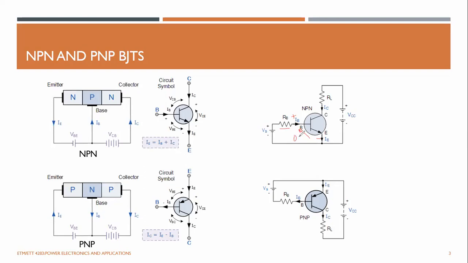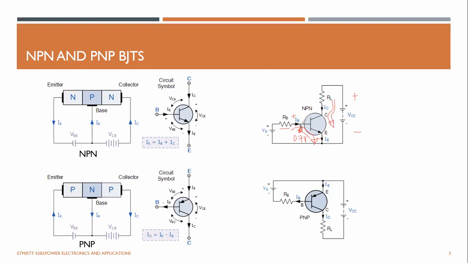That is the typical supply voltage of the base emitter. Once this is forward biased, you can have another supply, that is your load side. When a small current goes through this base emitter, a huge current will flow from here.